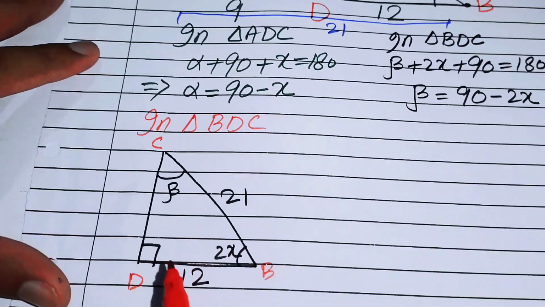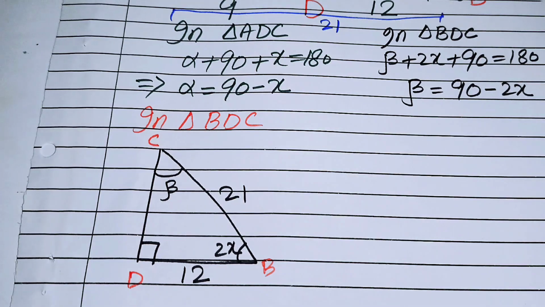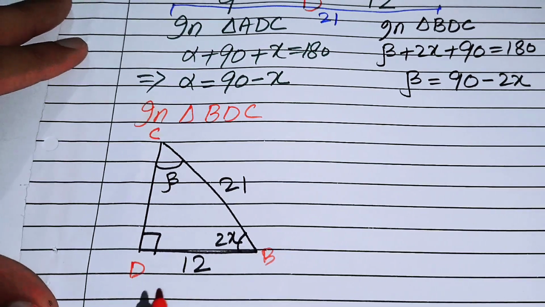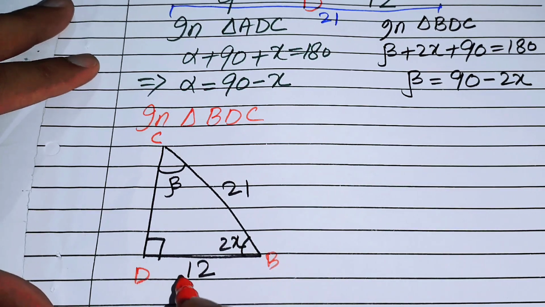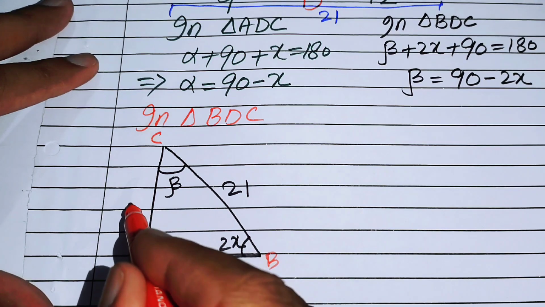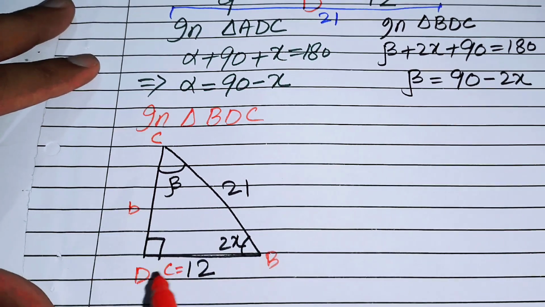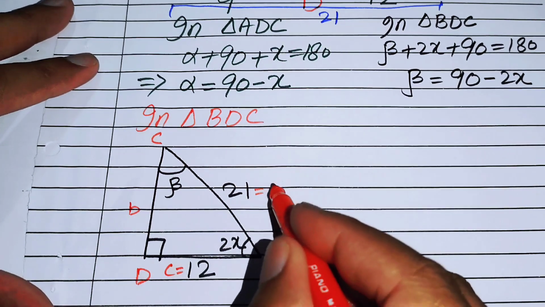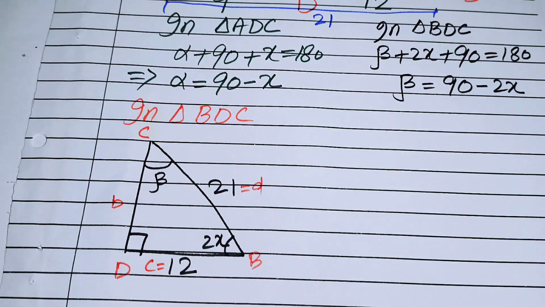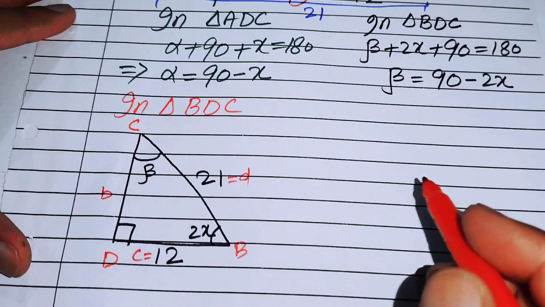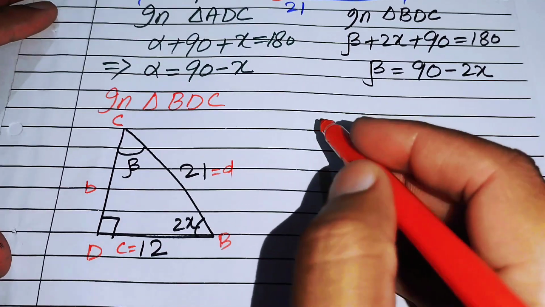So if you can focus on this triangle, here we have the right triangle, and I can name this as C. The value of C is 12, and I can name this as small b, and this is the small d. Now I can apply the Pythagoras theorem. You know about the Pythagoras theorem.